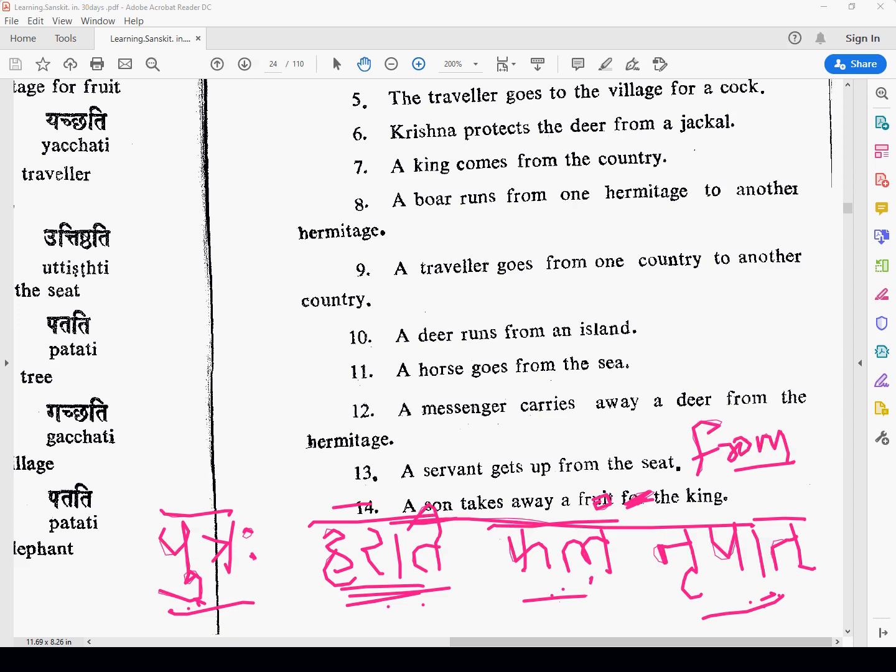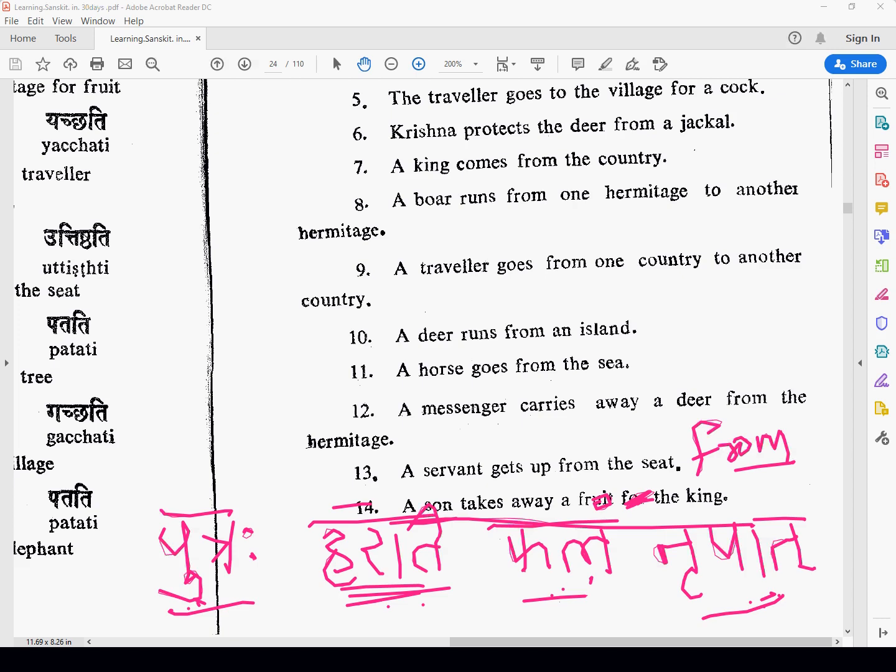Any questions on the topics discussed so far today? We will look at names of the days in a week, and adya, shvaha, parashvaha, hyaha, parahyaha, adyatana, shvastana, and hyastana. Then fourth case ending and fifth case ending.